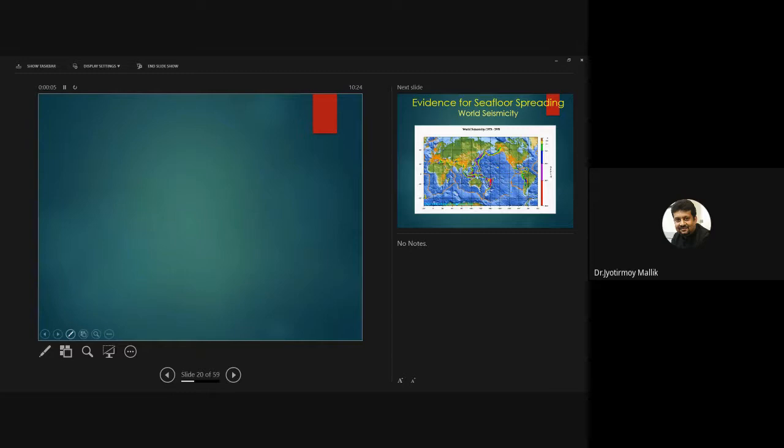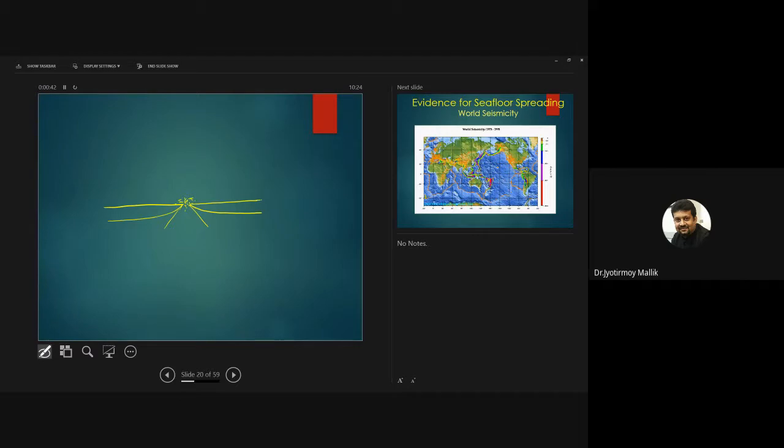Suppose here is where my mid-oceanic ridge is. Okay. And here through the volcano, my molten lava is coming up. Okay, and new crust is being formed, right? And then this is essentially moving away from each other.